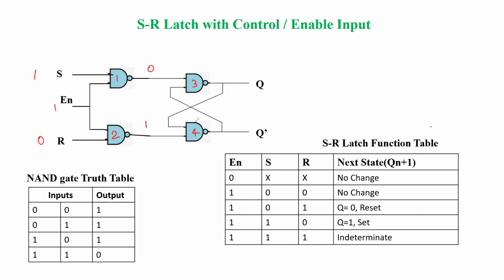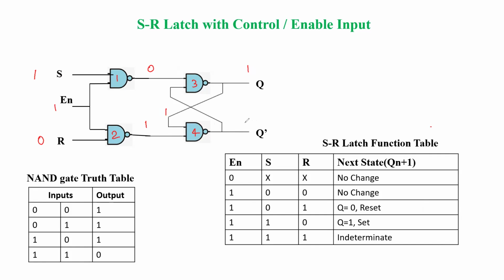Now here we see which NAND gate output we can predict. The concept is: if any input is 0, we can predict the output. NAND gate 3 has one input as 0, so we can predict its output: Q is 1. Now this Q equal to 1 is given as input to NAND gate 4, so both inputs are 1.